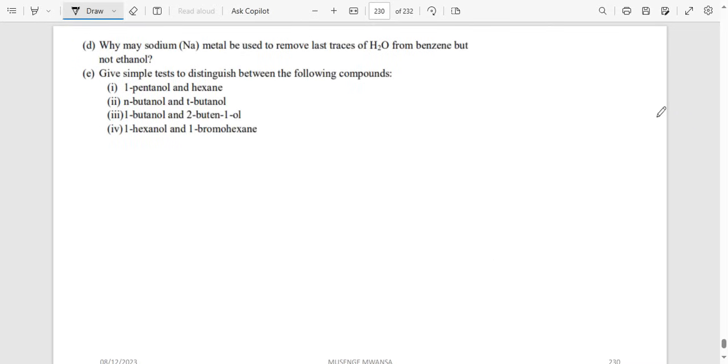Why may sodium metal be used to remove last traces of water from benzene, but not ethanol? Look at benzene. Benzene is like this, alternating double bonds. And then ethanol is like this. And then we're talking about sodium metal.